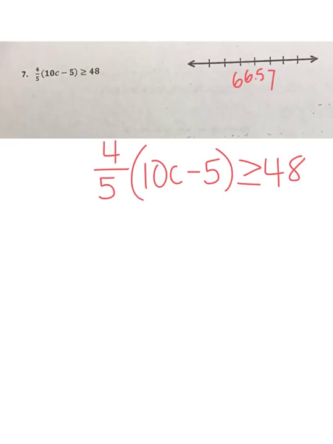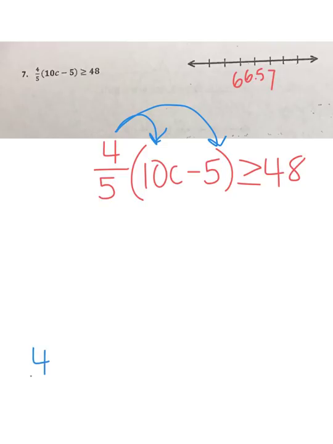Now let's use the distributive property when we're solving inequalities. So we have 4/5 times 10c minus 5 is greater than or equal to 48. So we need to start by distributing 4/5 to both the 10c and our negative 5.